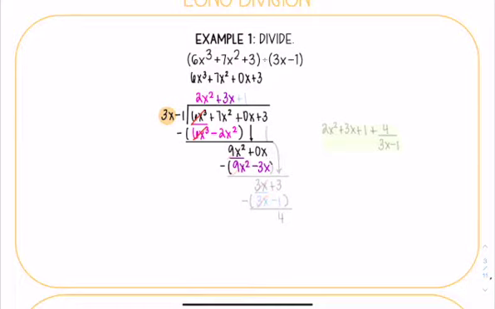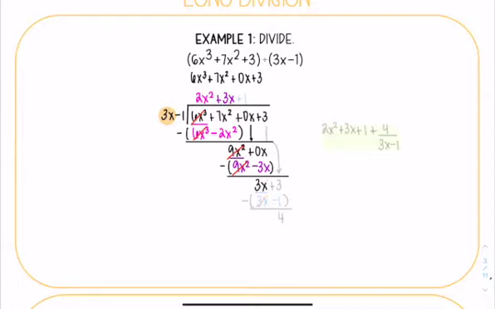And so again, we want to subtract that from the polynomial. We have 9x squared minus 9x squared, so they cancel. And we have 0 minus negative 3x, or 0 plus 3x, which is 3x.